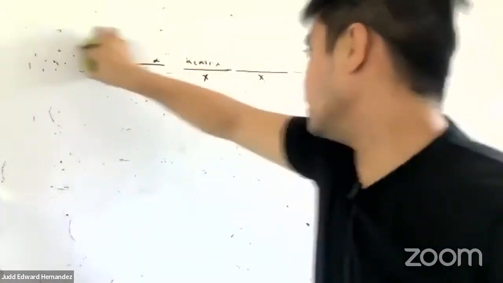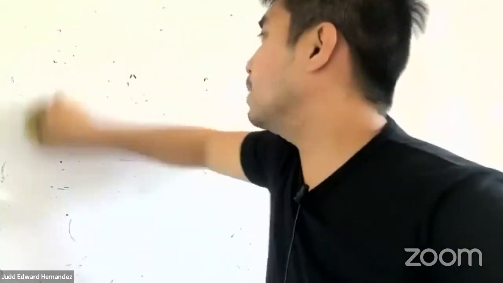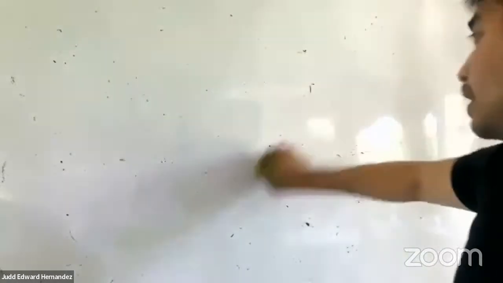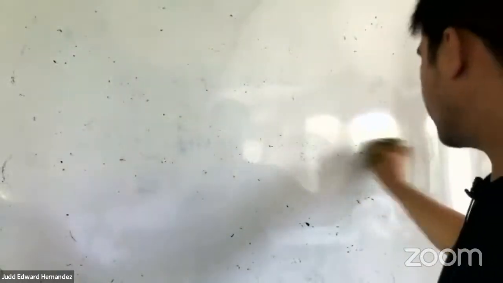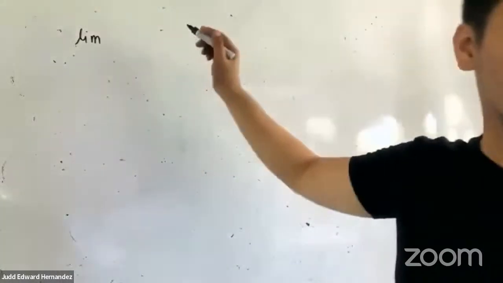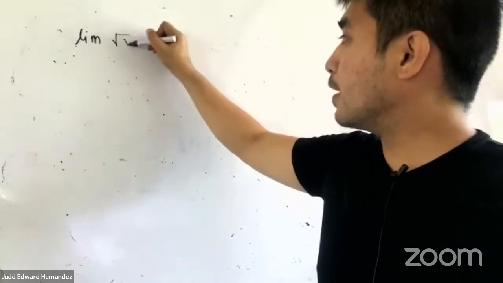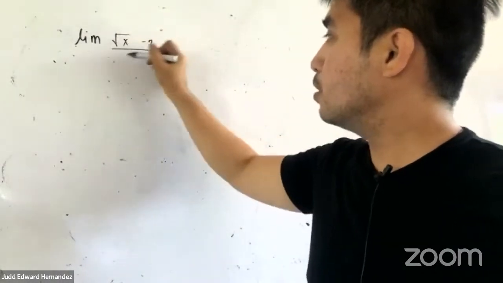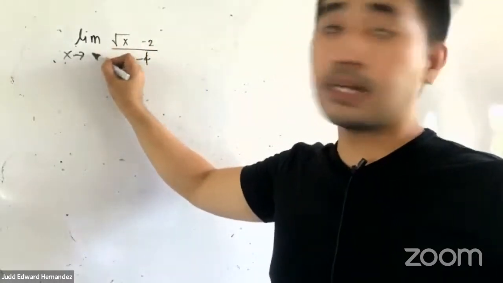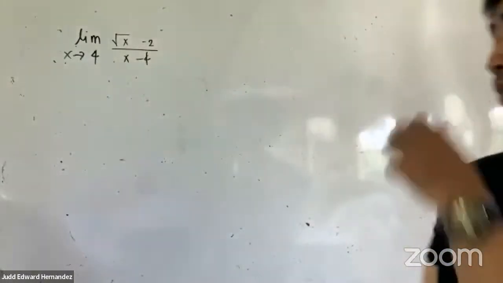Okay, there is another method in which magagamit mo lang siya if there is a specific term given. Okay, so just like this example, papakita ko sa inyo kung ano yon. So, example, if we have here the limit of square root of x minus 2 all over x minus 4 as x approaches 4.